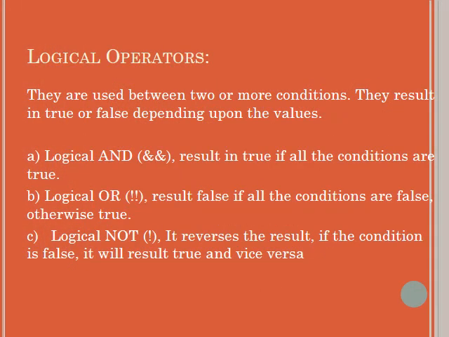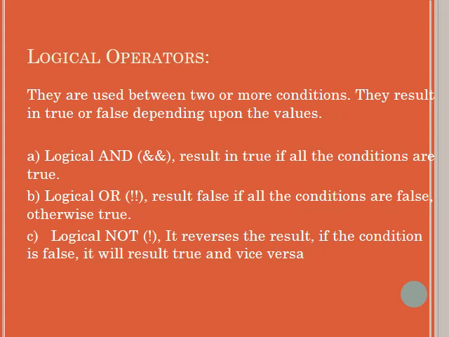Further we go with the logical operators. They are used between two or more conditions. They result in true or false depending upon the value. Number 1, logical AND, results in true if the conditions are true. Number 2 is logical OR, results false if all the conditions are false, otherwise true. Logical NOT reverses the result. If the condition is false, it will result true and vice versa.